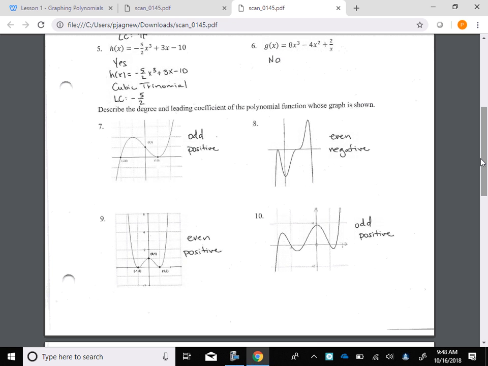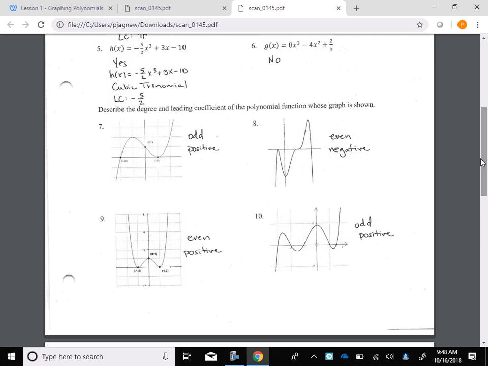For 7, the leading coefficient is like for number 9, for example, they're both going in the same direction, which means it's even. Each time the behavior goes in the same direction, it's even. And if they're both pointed up, it's positive. For 7 and 10, they're going in opposite directions.